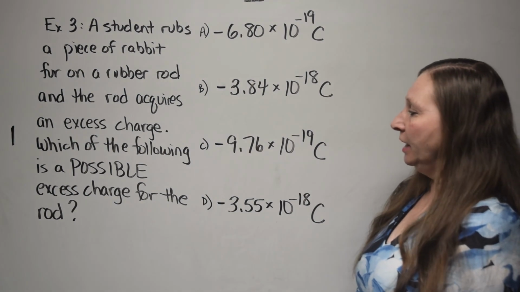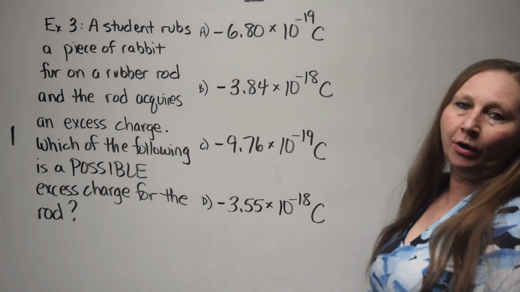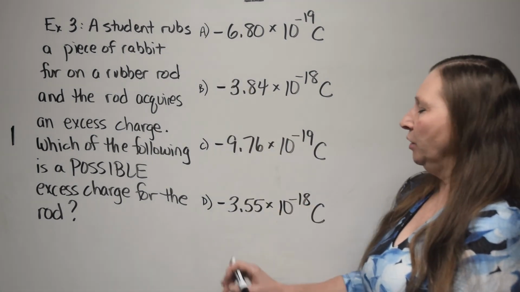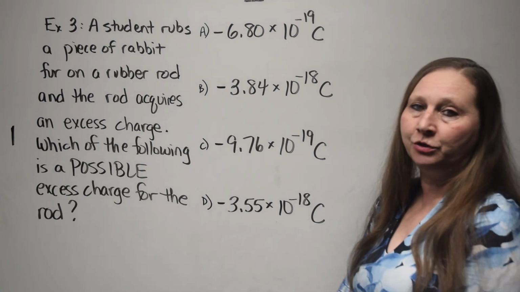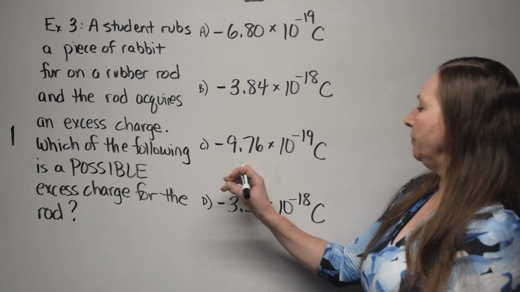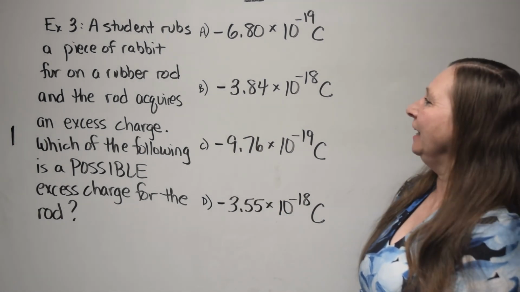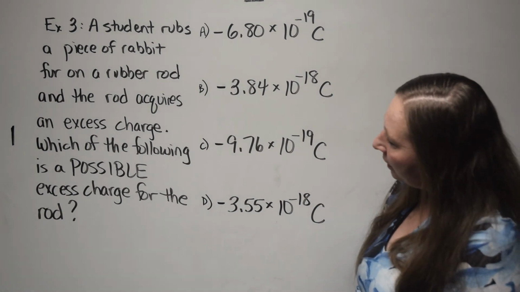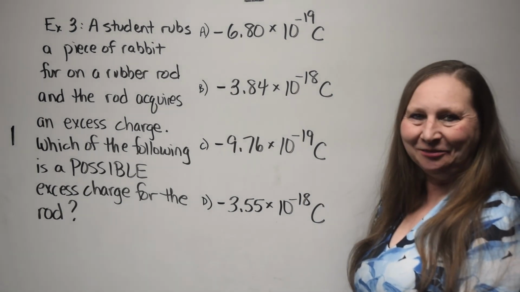Which of the following is a possible excess charge for the rod? Here are your choices. We even made them negative, which is really not necessary. Usually we talk about just the magnitudes of the charges, but we did make them negative. So divide each of these by negative 1.6 times 10 to the negative 19 coulombs, and let's see which is a possible excess charge for the rod.